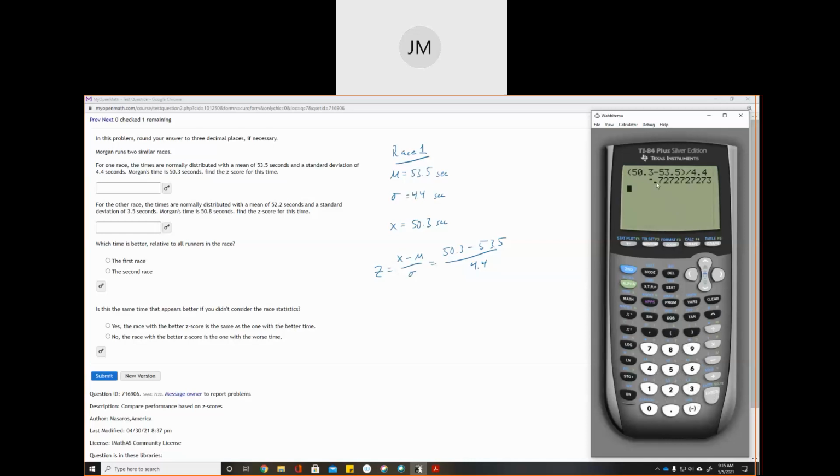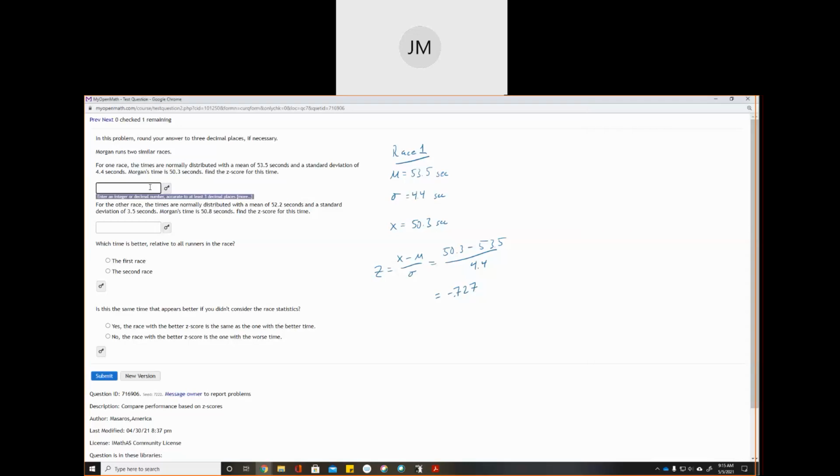So we get a z-score of negative 0.727. It said at the beginning round your answers to 3 decimal places. So the z-score is negative 0.727.